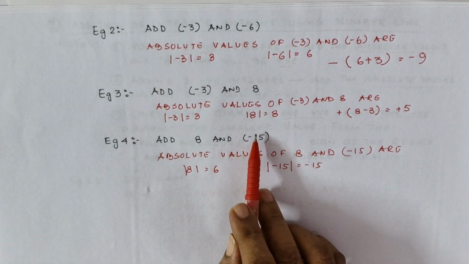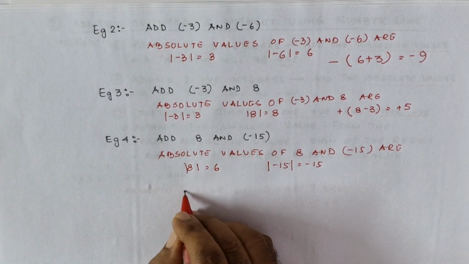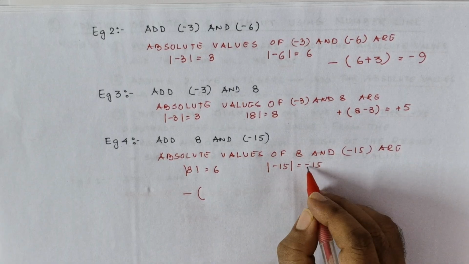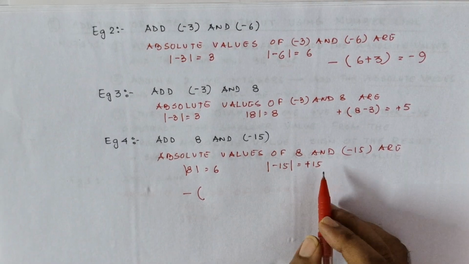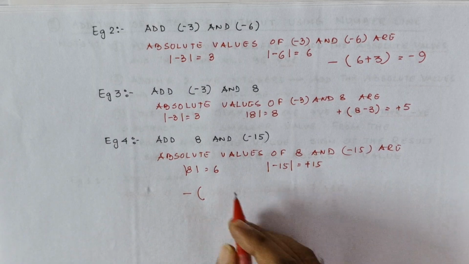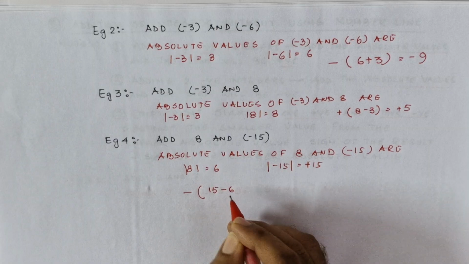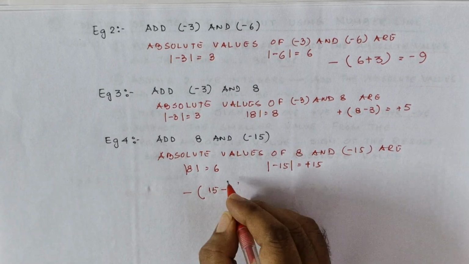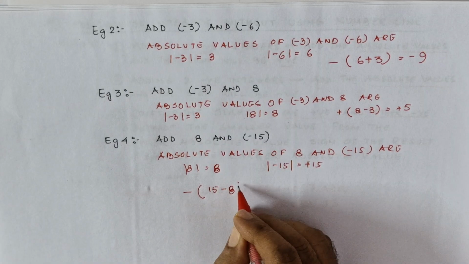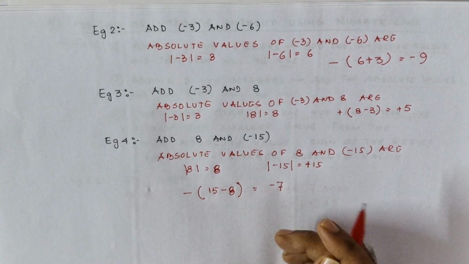As the larger integer has a negative sign, the end result will be negative, so I am putting negative. But we have to subtract the smaller from the larger. So subtract 8 from 15, that is 7. The answer is minus 7.